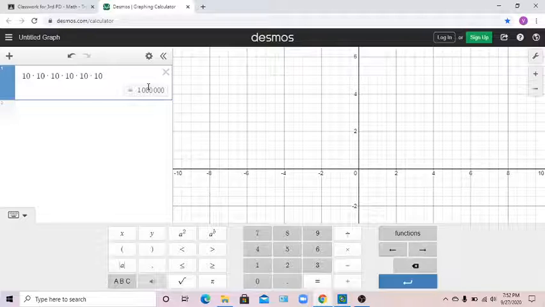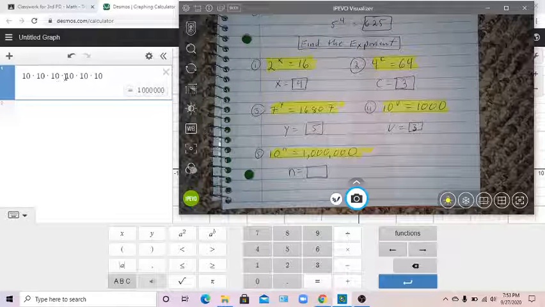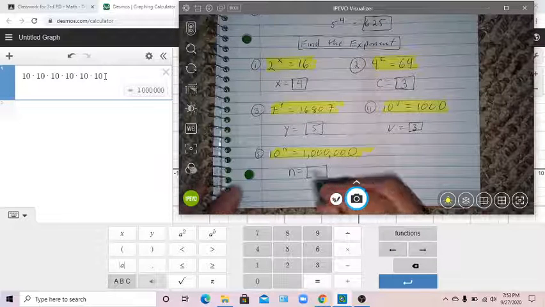There's the 1 million we are looking for. 6 zeros, that's 1, 2, 3, 4, 5, 6 tens there. So the exponent is 6.